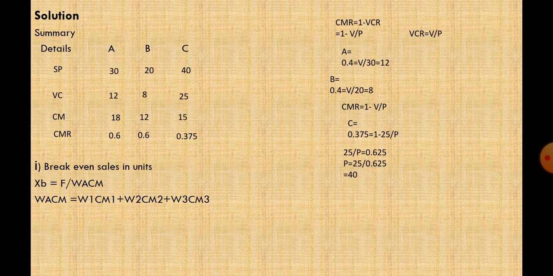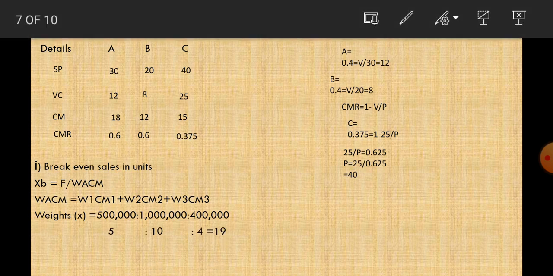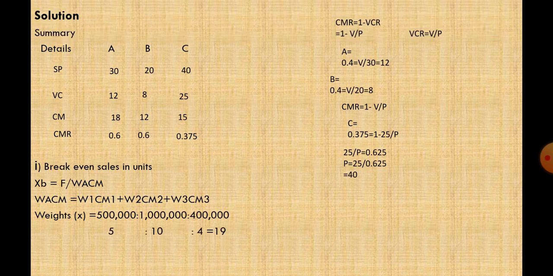Already in the question, you see the sales, which are 500,000, 1 million, and 400,000. So the weights can be distributed in the ratio of 500,000 to 1 million to 400,000. That can be simplified to 5, 10, and 4, which totals 19.